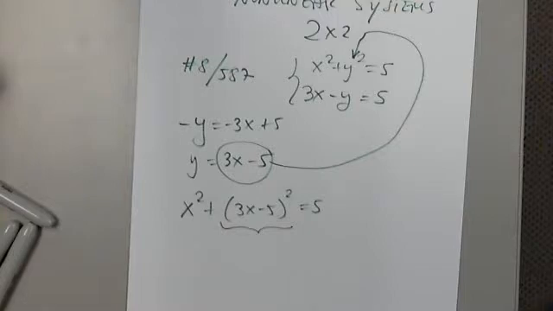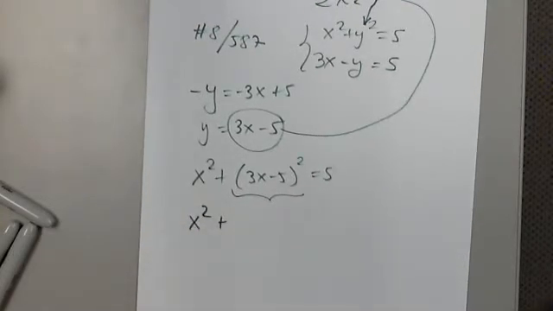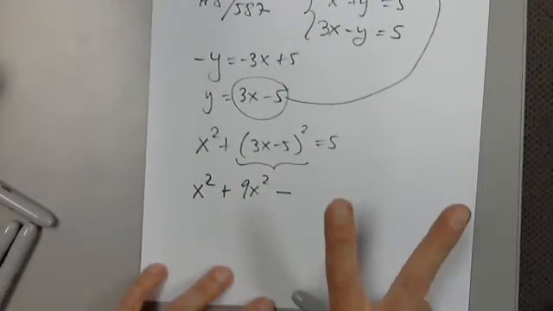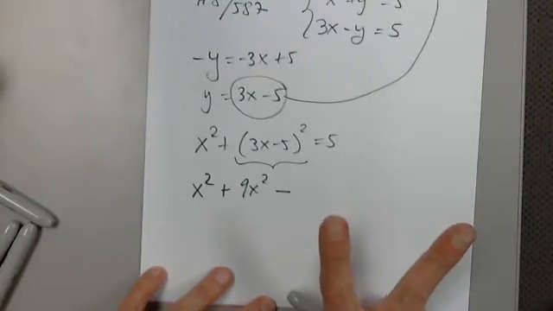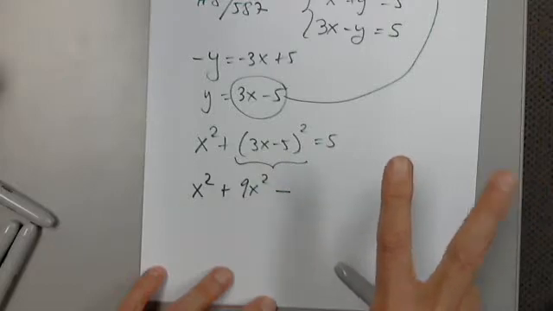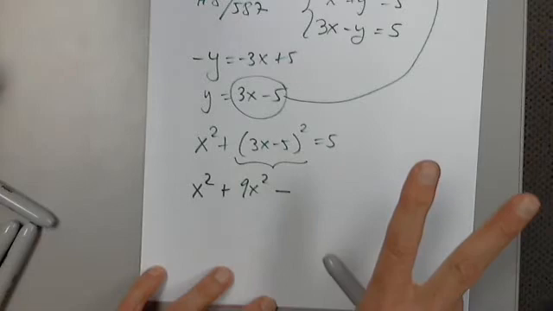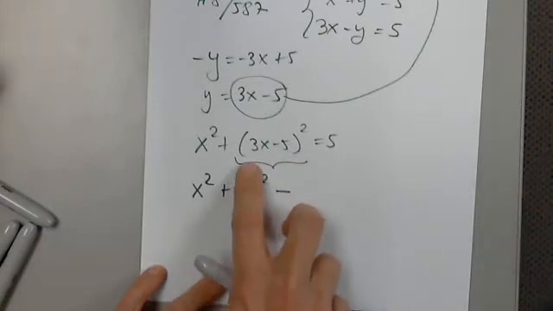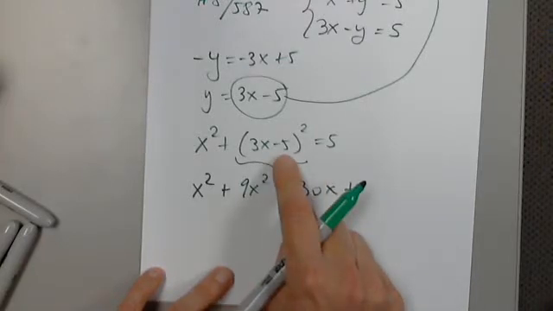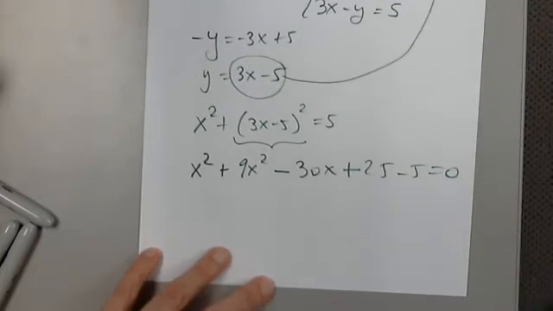So we have x squared plus, very good, awesome, 9x squared minus, all multiply first by 5, right? It's easier. 2 times 5 is 10 times 3. 30. Very good. Plus 25. Very good. It's quadratic. I have to subtract and set it equal to 0.